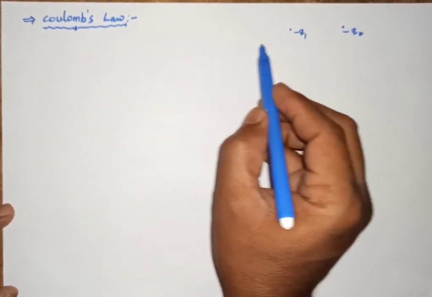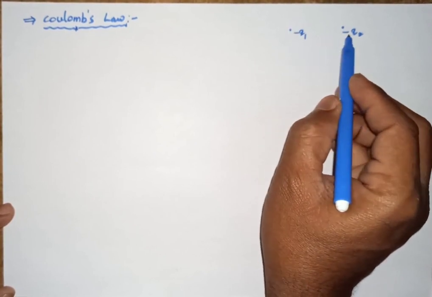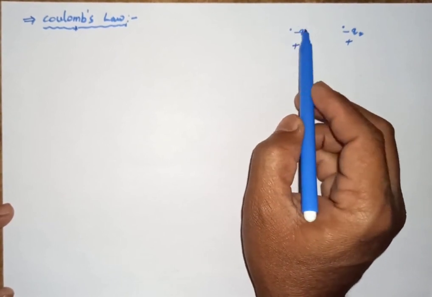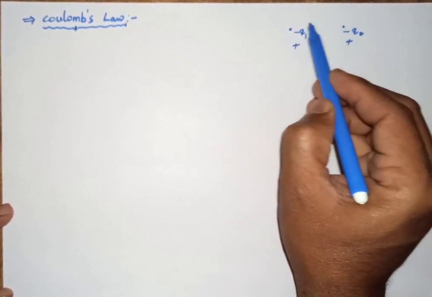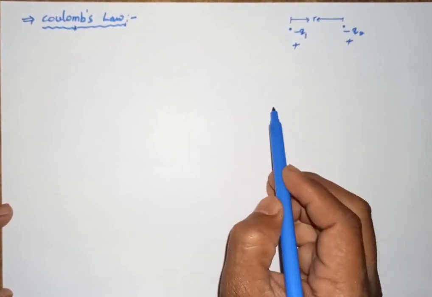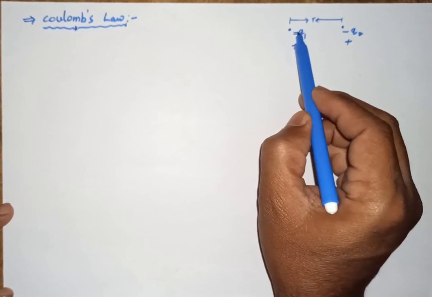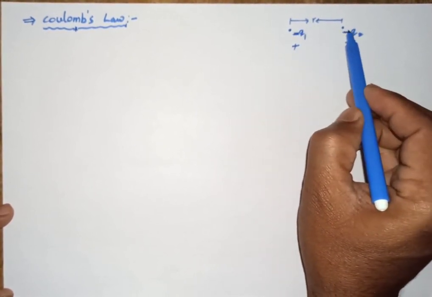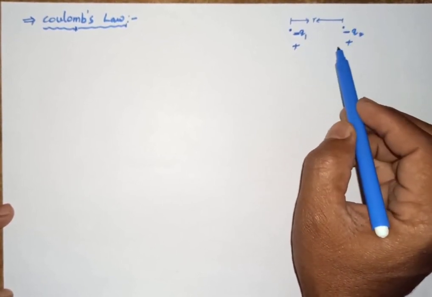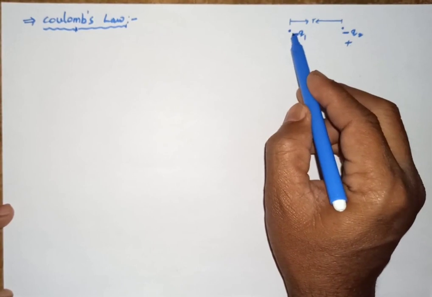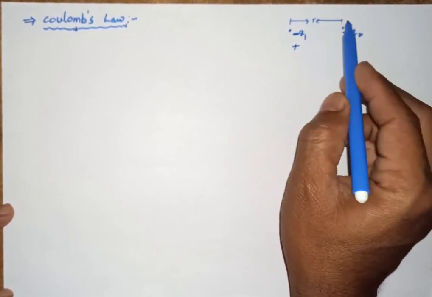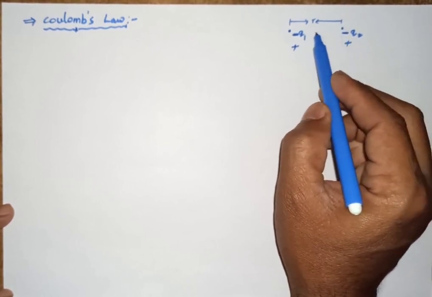We consider two point charges, positive or negative, separated by a small distance r or d. When both charges are positive, the force between them is repulsive. When both charges are negative, the force between them is also repulsive.